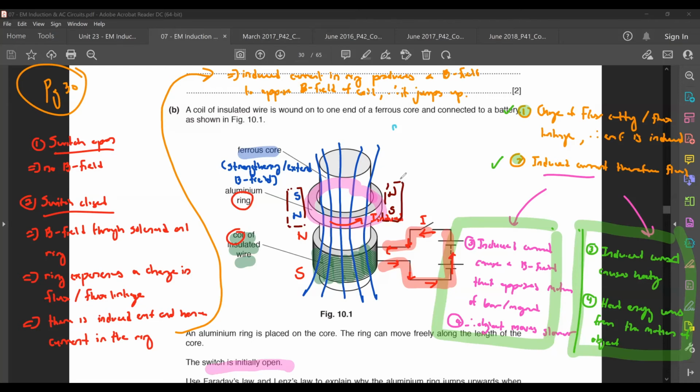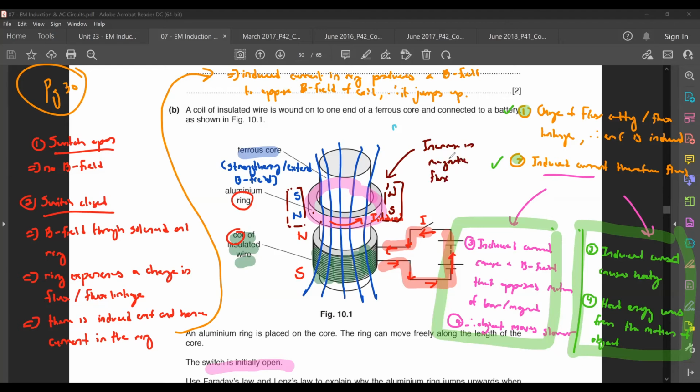All right, but Lenz's law already told us that the induced current will really only flow in one direction because it has to oppose the flux change that causes it. So in our case here, the reason why you have induced current here in the first place was because you have an increase in magnetic flux, right, through the ring.